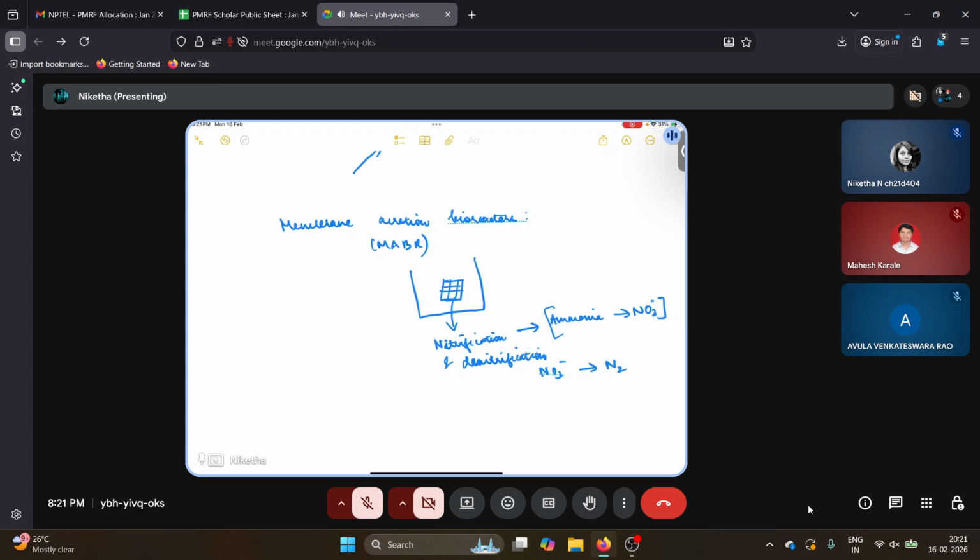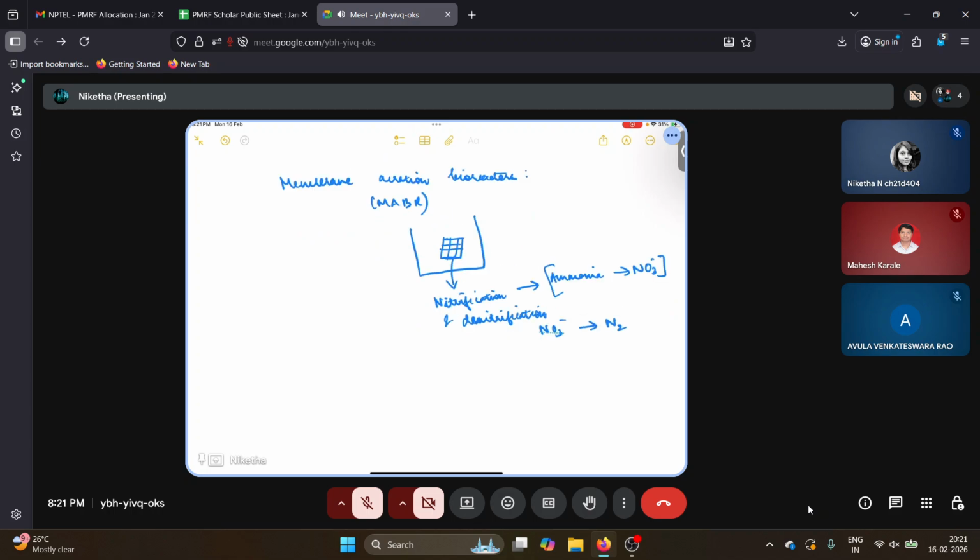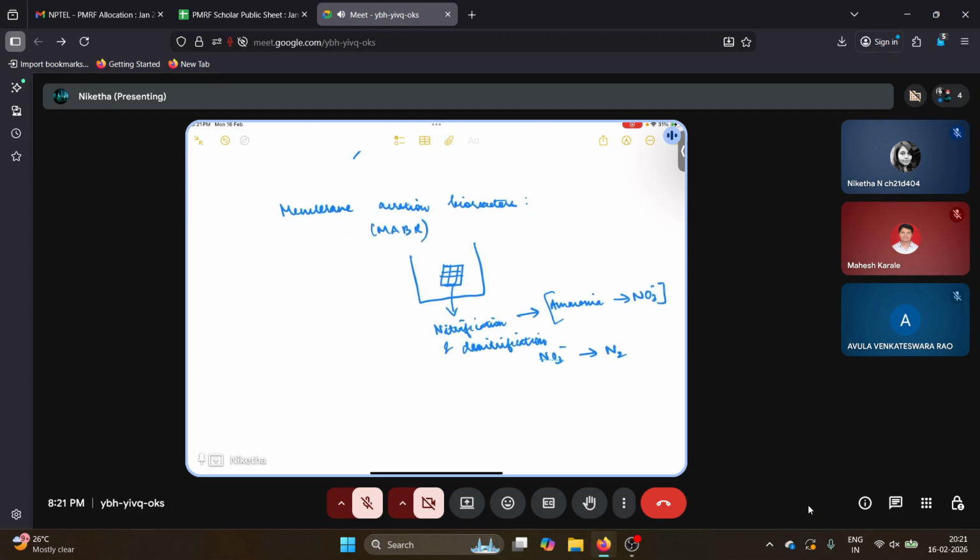So because we are supplying air, nitrifying bacteria can convert ammonia to nitrate, and after that, denitrifying bacteria can convert the nitrate to nitrogen gas. Because nitrifying bacteria require oxygen, that is already being supplied. So the membrane can have denitrification as well as nitrification processes along with conventional aerobic degradation of the organics also.